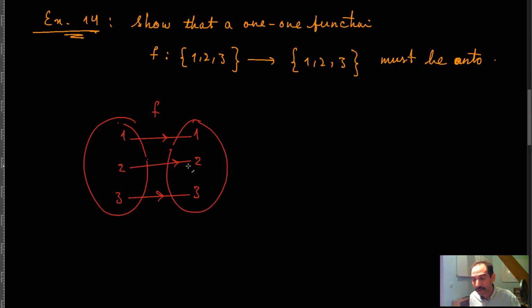The same logic, basically. And as a remark, you can say that the results mentioned in example 13 and 14 are also true for an arbitrary finite set X, that a one-to-one function f from X to X is necessarily onto, and an onto map f from X to X is necessarily one-to-one for every finite set X. In contrast to this, example number 8 and example number 10 show that for an infinite set, this may not be true.